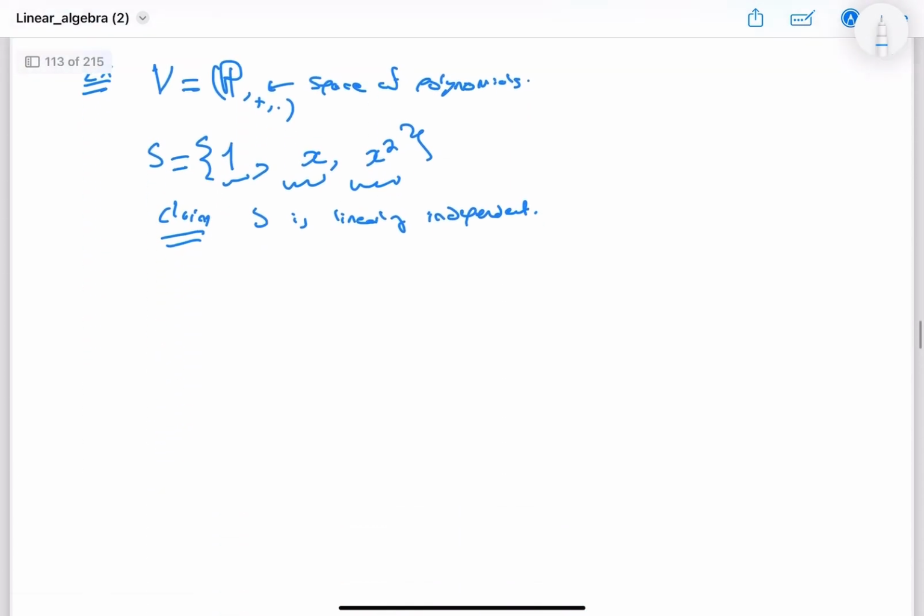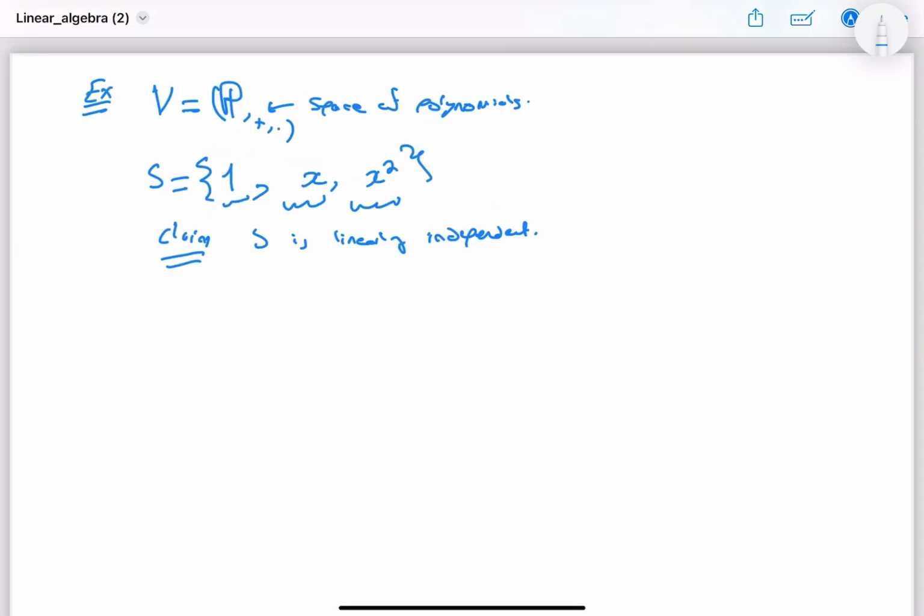Now let's go ahead and prove that this set is linearly independent. We're working in the space of polynomials, and we have these three polynomials, and we're proving that they are linearly independent. How would we prove that? We take a linear combination and assume it has value equal to 0, and this 0 is the 0 vector.